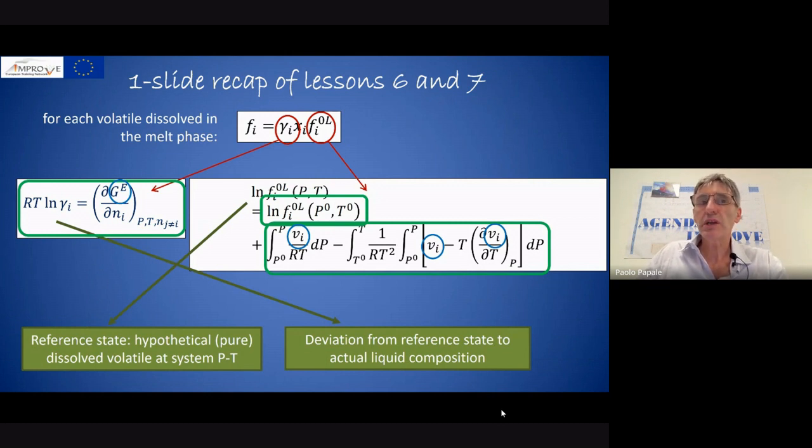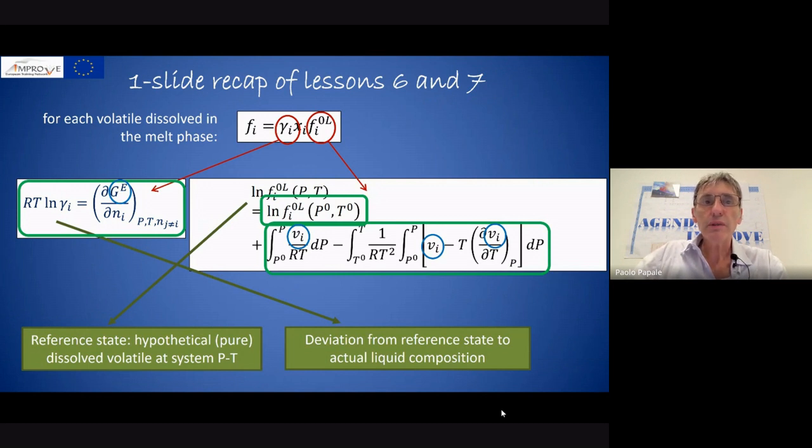With such expressions, the equations in this slide will lead us to compute consistent reference fugacities and activity coefficients for water and carbon dioxide dissolved in silicate melts. And with that, our real multi-component volatile saturation model will be complete.